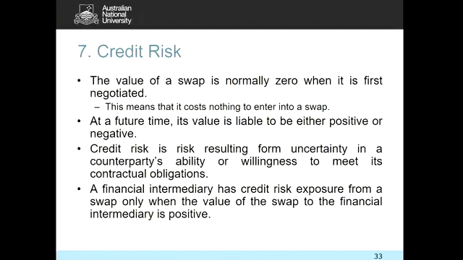In this example, one party is better off by $4.267 million. Well, that's a risk they're exposed to. If the other party doesn't fulfill the terms of the contract, they will lose that $4.267 million. They're exposed to the credit risk of the other party, and they have to go and sue them to try and get back the money, which isn't a particularly efficient method.